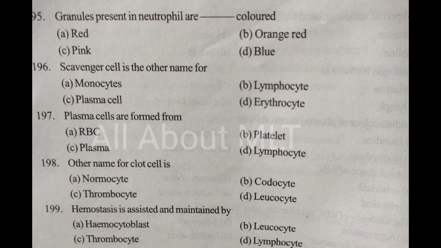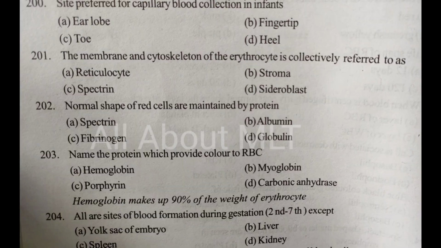Other name for clot cell is: option A normocyte, option B chordocyte, option C thrombocyte, option D leukocyte. Answer is option C thrombocyte. Hemostasis is assisted and maintained by: option A hemocytoblast, option B leukocyte, option C thrombocyte, option D lymphocyte. Answer is option C thrombocyte.